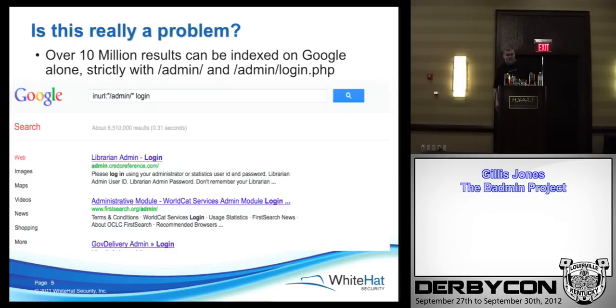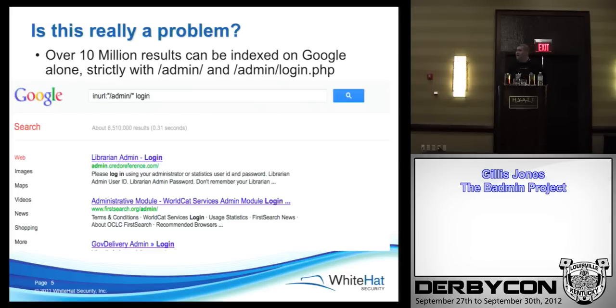There are 10 million results on Google alone in the US that are /admin or /admin login PHP. Now, there are hundreds and thousands of different iterations of admin portals, and this is just one combo, and there's 10 million of them. This isn't ASPX, this isn't JSP, it's none of the above.